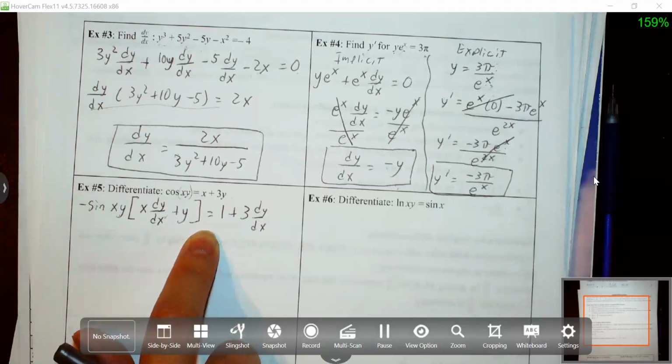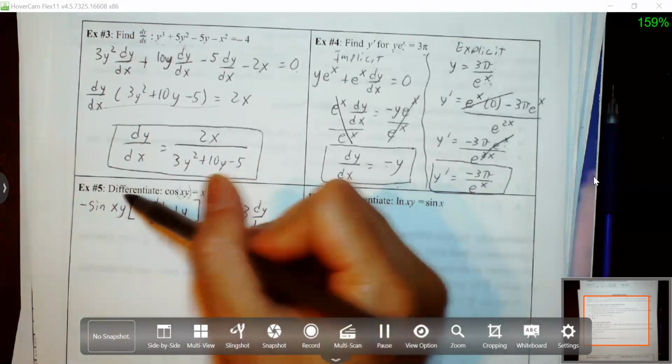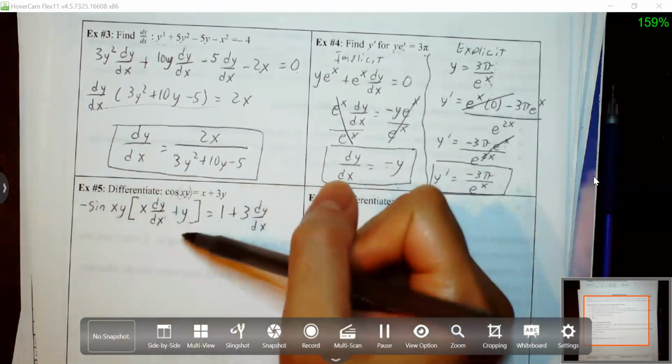Okay? And that's where this x dy dx plus y comes from. So I want all the terms with dy dx on one side and the terms without dy dx on the other side. So what I'm going to do is distribute negative sine xy into both of these terms.